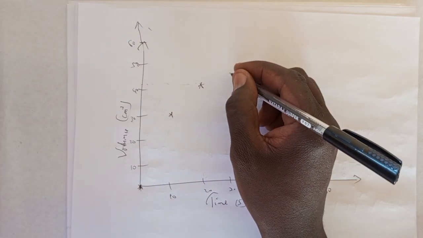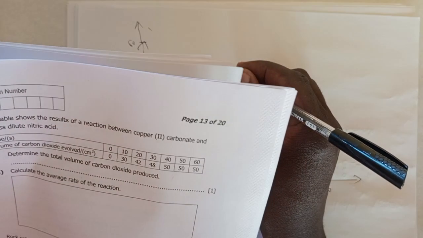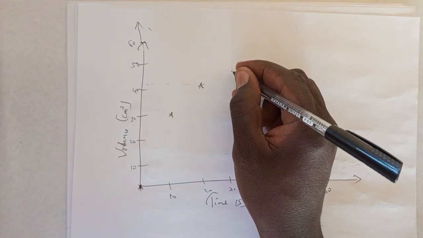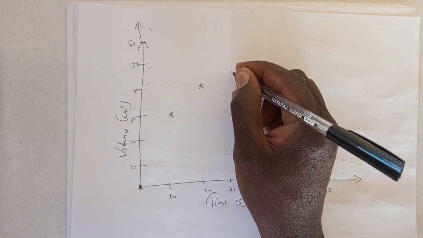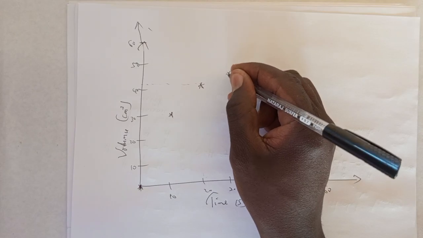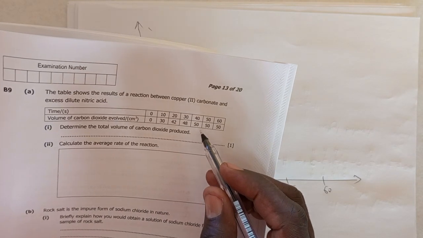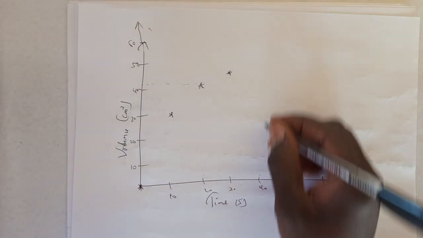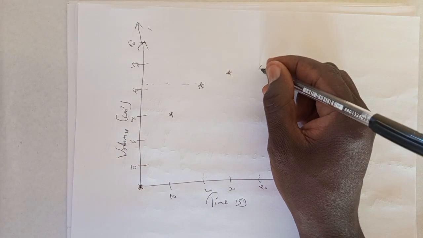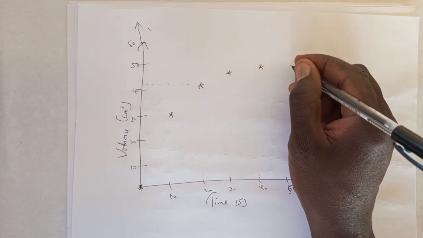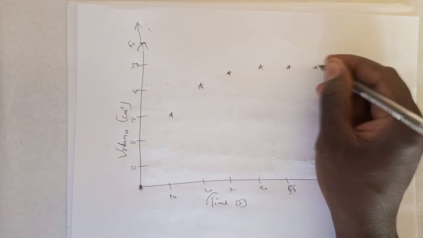As you begin to see this, you realize that the graph is beginning to curve. Then at 40 seconds, the volume was 50 cubic centimeters, at 50 seconds the volume was 50, and at 60 seconds the volume was still 50.